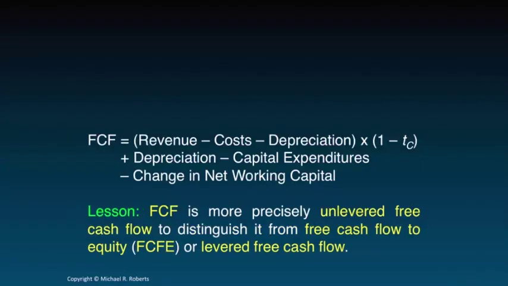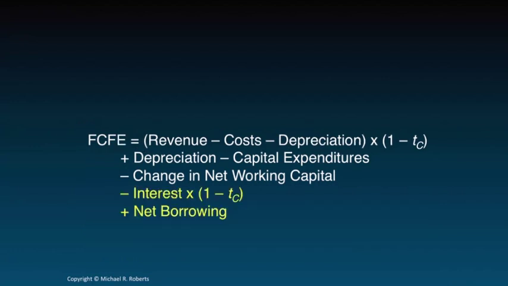Now, I want to be precise here. The free cash flow we're going to compute here, as defined right here, is unlevered free cash flow. And I say unlevered to distinguish it from free cash flow to equity, or levered free cash flow, which we'll discuss on the next slide. Free cash flow to equity starts with free cash flow, the definition of free cash flow. That's just this quantity right here. And then we've appended two terms.